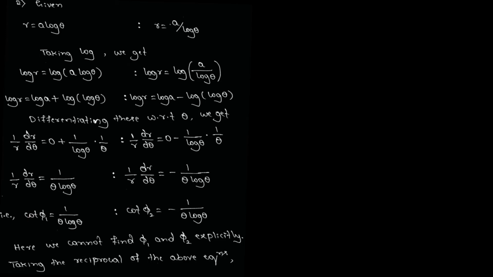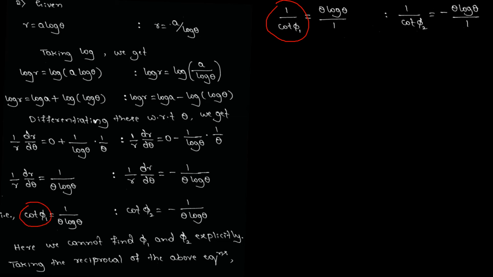Taking the reciprocal of the above equations, let us go in the other direction now. That is, take the reciprocal of both the equations. If you take the reciprocal of cot phi 1, we get 1 by cot phi 1, and the reciprocal of the RHS, 1 by theta into log theta, gives theta log theta by 1.